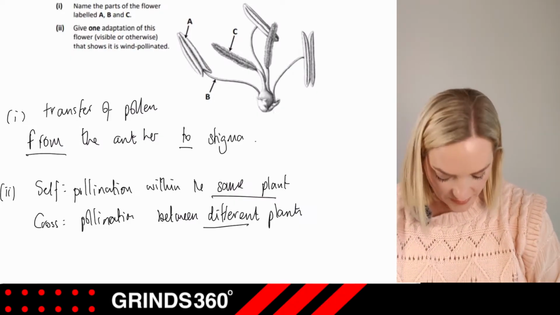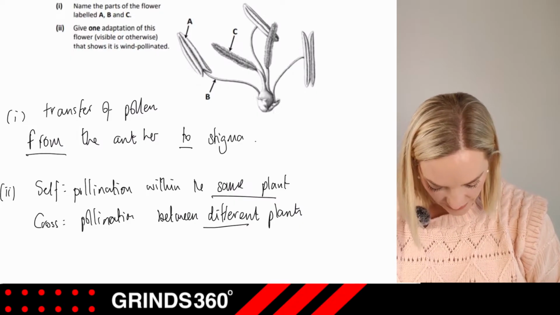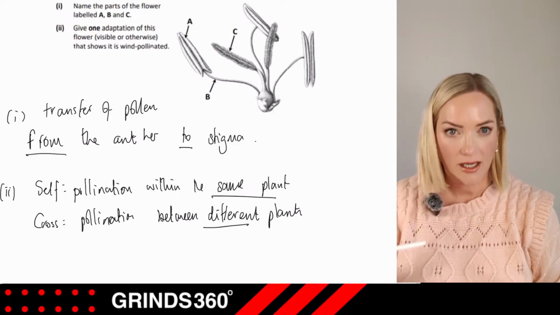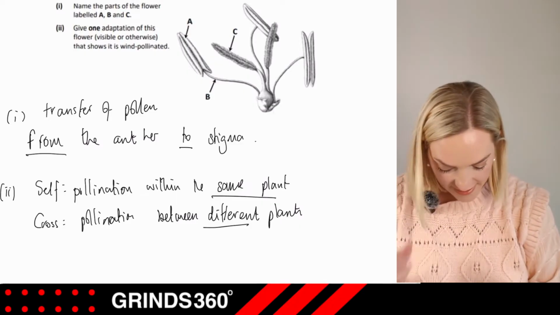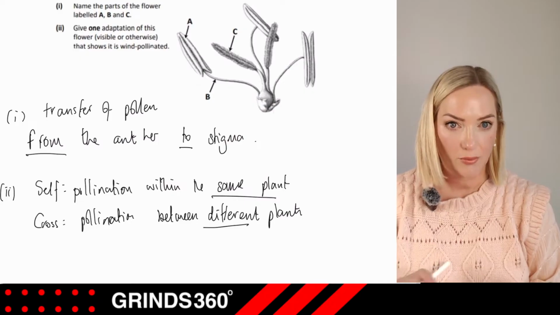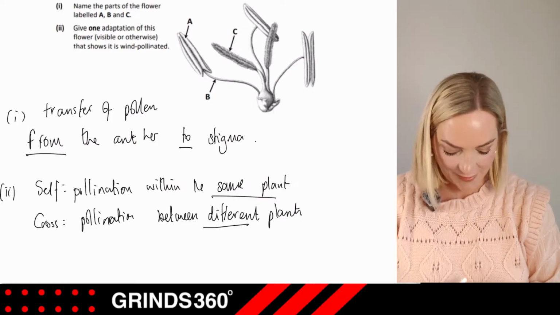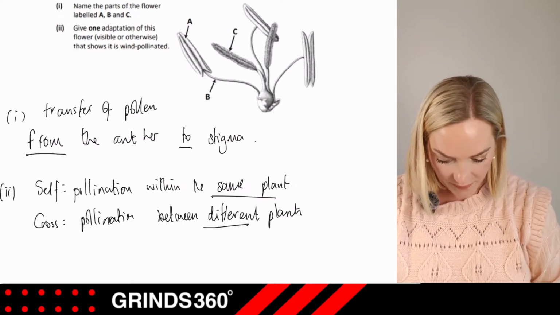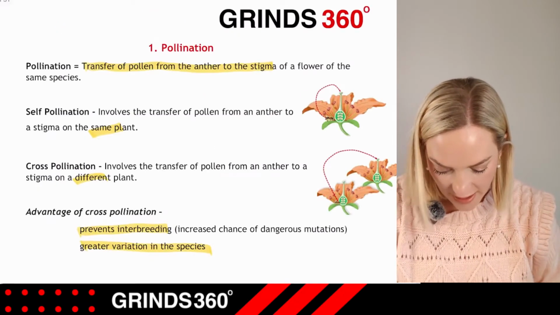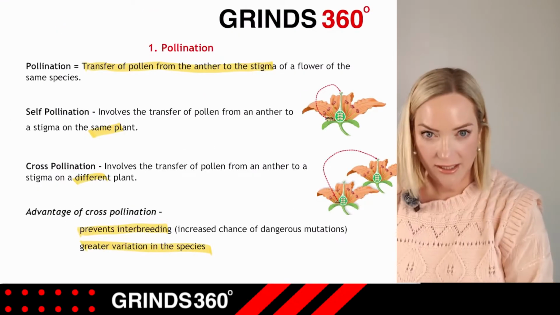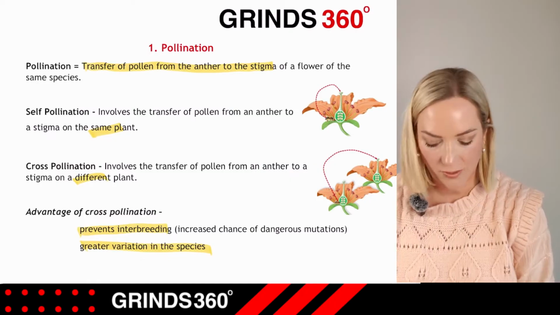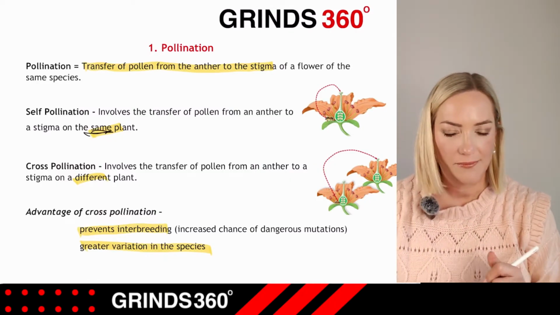Sorry, I've got another question to come through. Oh, yes, Holly says there is a big typo in the textbook. There are a few typos in the textbook. The typo is up here: within self-pollination, I have the word different. So Holly, since you have the book, fix it and put in there same.